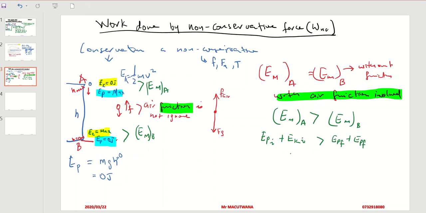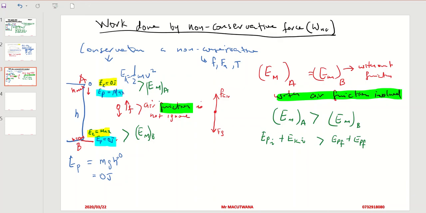So now what we need to think of is how do we make this equation equal again? How do we ensure that the energy at A is equal to the energy at B?